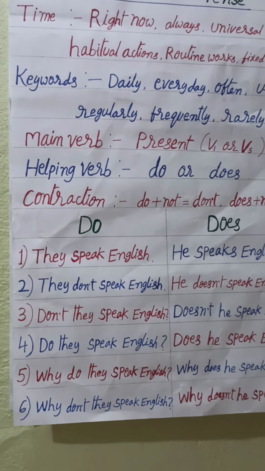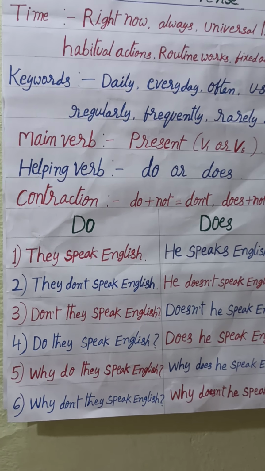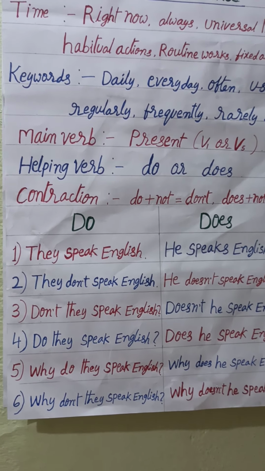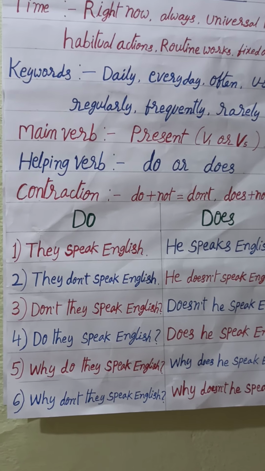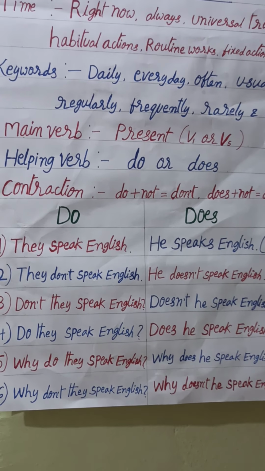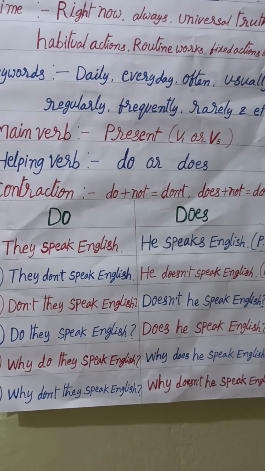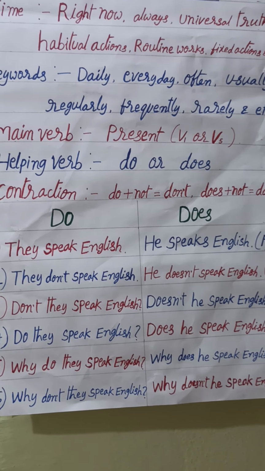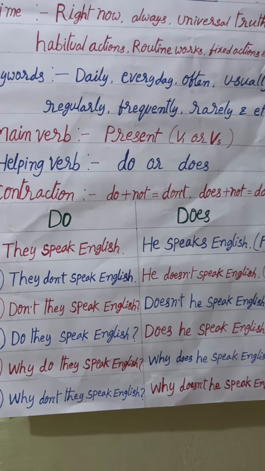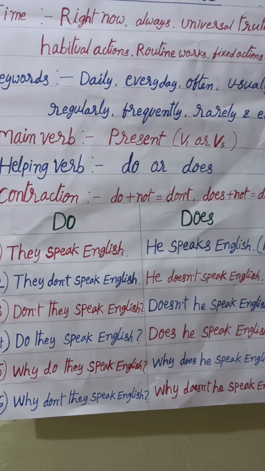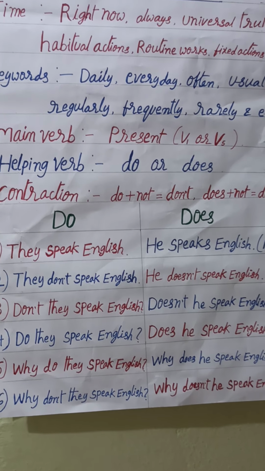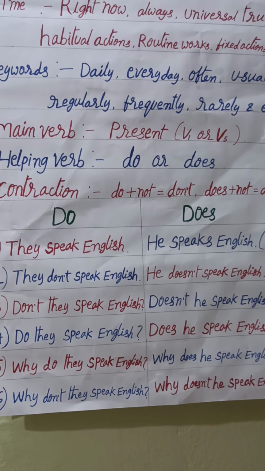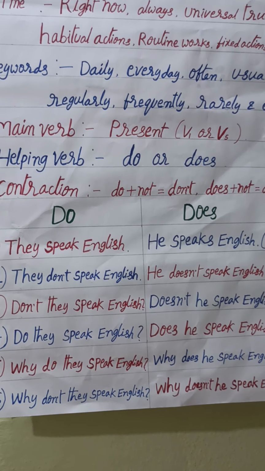WH questions, it is not possible to answer yes or no. Here we write or tell reasons also. For example, why do they speak English? For example, answer is they don't know other languages.